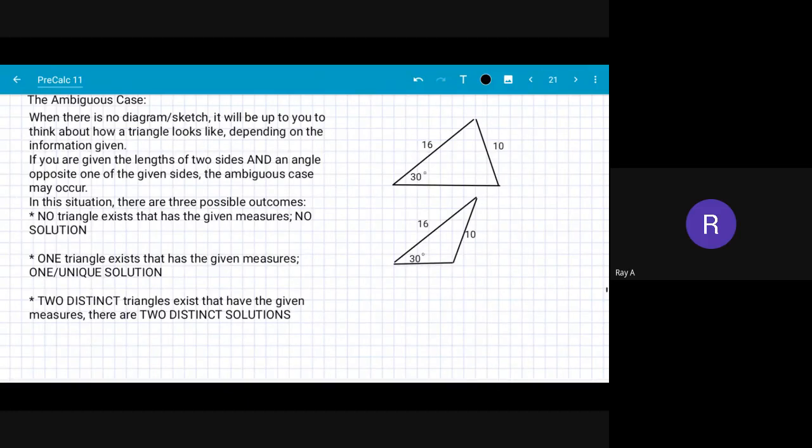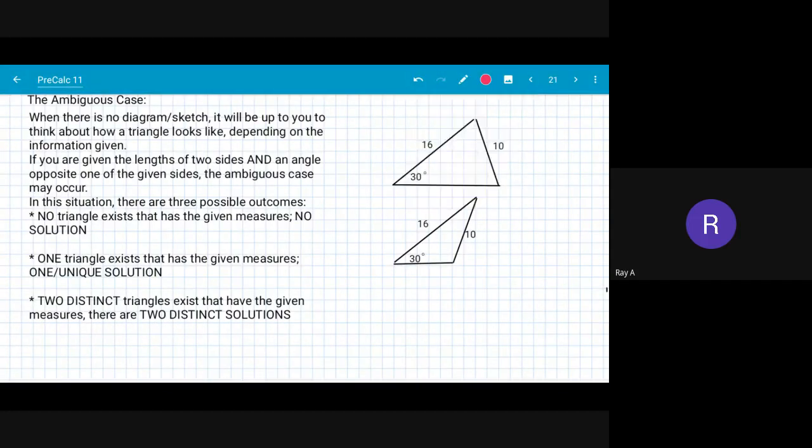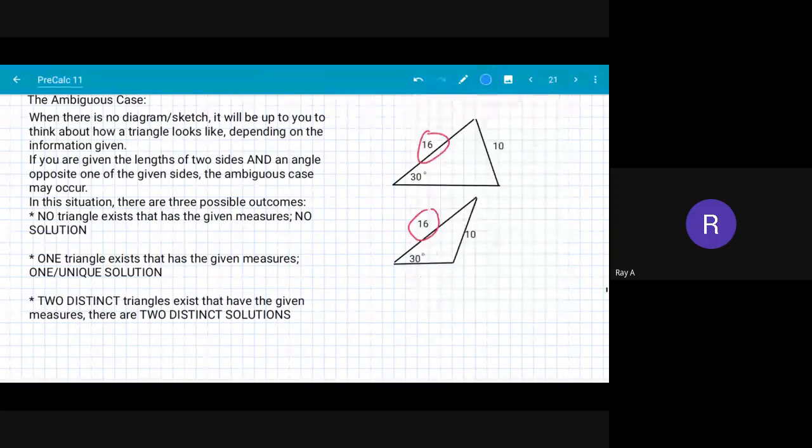So, as you can see, I have two triangles right now. I don't know if you notice, but this side right here is 16, which is also the same as this side in the other triangle, all right? And this side is 10, which is also 10 in the other triangle.